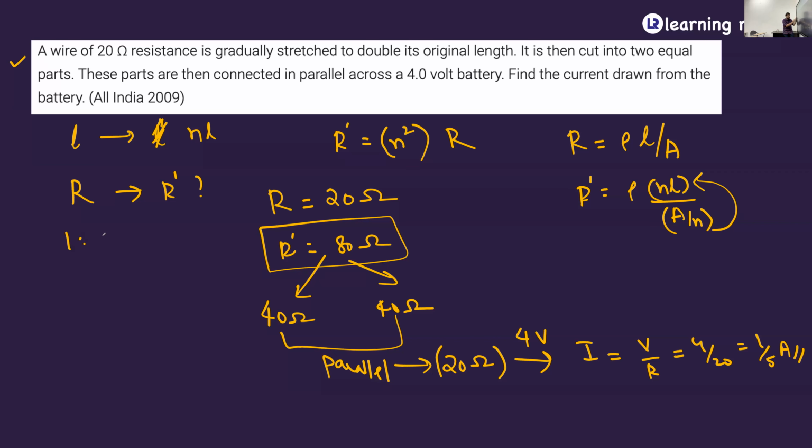For an 80 ohm resistor, how much will that one part be? 1/5. So 80 by 6 part will be here, and 5 into 80 by 6 part will be here. Understood?